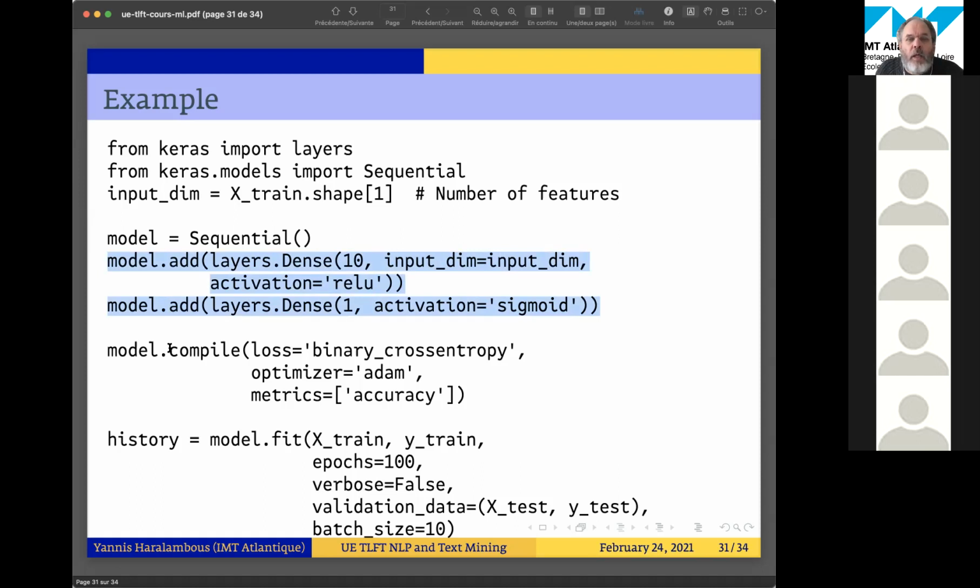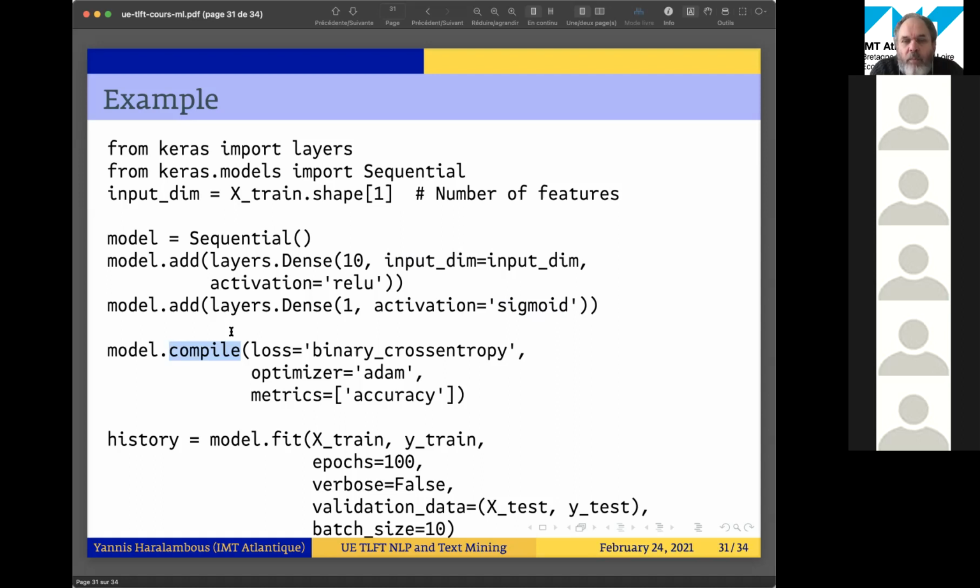Then we compile it. Compiling means just building the infrastructure, so building the memory slots that will be used for all coefficients, because once you have given the dimensions of every layer, you know how many thetas you have to calculate, how many b's.